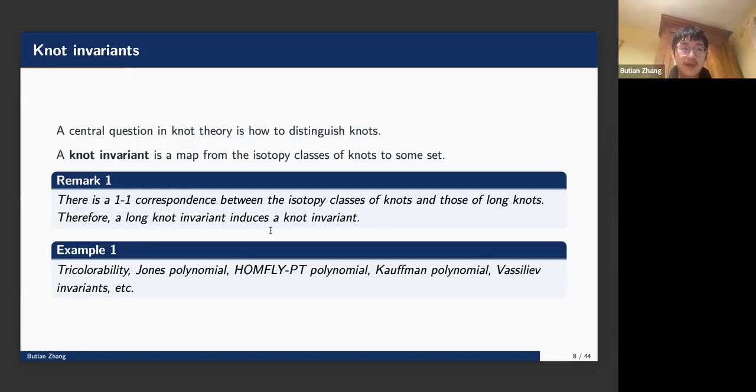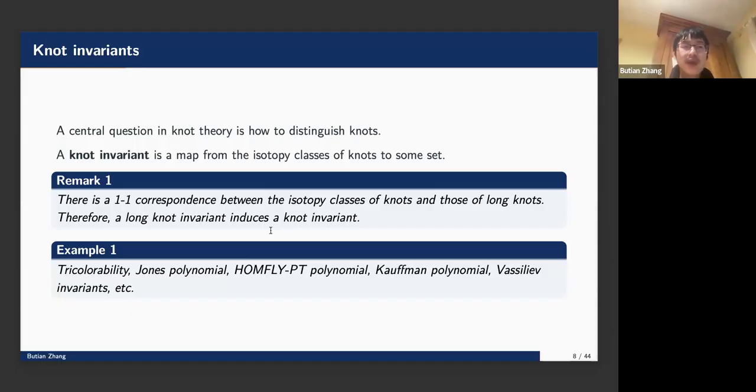Because if you have a long knot, you can complete it by adding a point at infinity, and then it will give the embedding of the circle in S3. So this map forms a 1-1 correspondence between the isotopic classes of them.